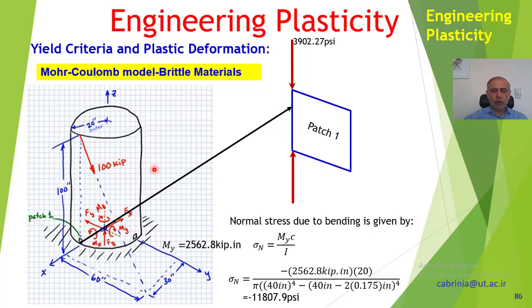C here is equal to r, and that is I, computed from the outside diameter and the inside diameter of the cylinder, so that is the I for this cylinder area, which gives sigma n equal to minus 11,807.9 psi.